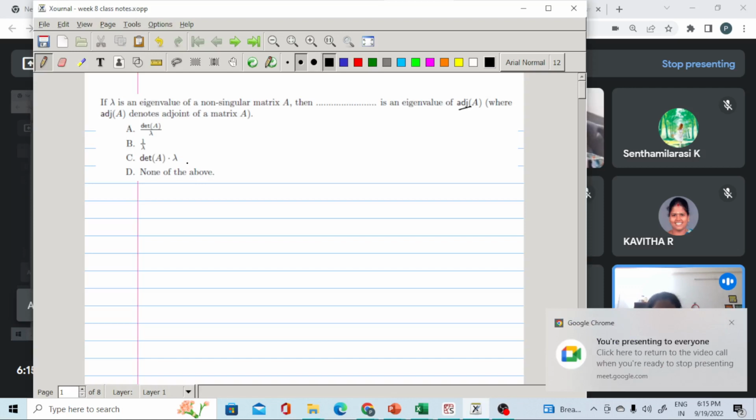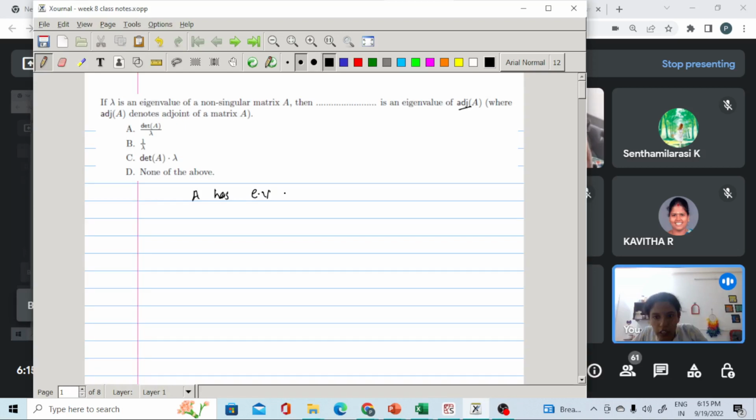Let us see. A has eigenvalue lambda. We know that A inverse equals adjoint of A by determinant of A. This is one of the basic results we already know.